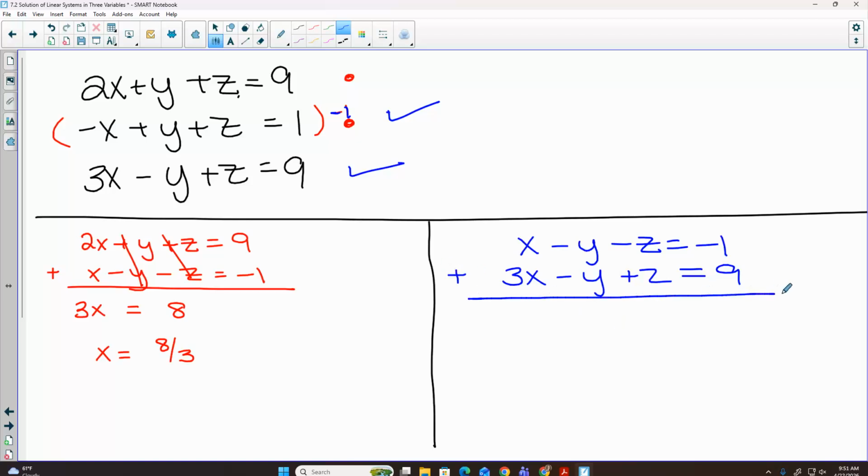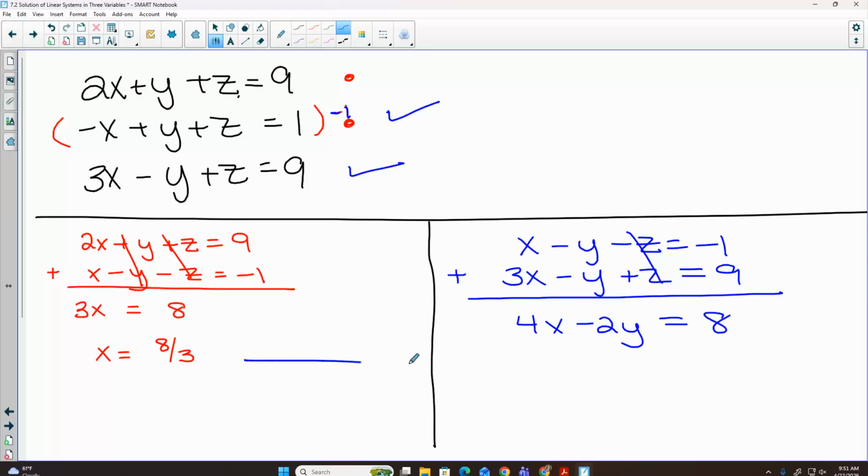So when I add these together, I get 4x minus 2y equals 8. All right, at this point, you might have to go back and put these two equations together. But here we were lucky.